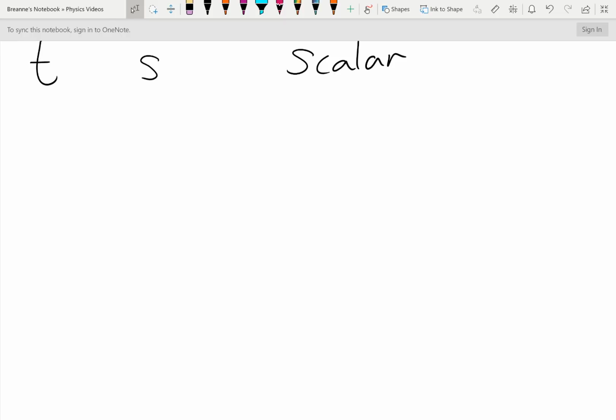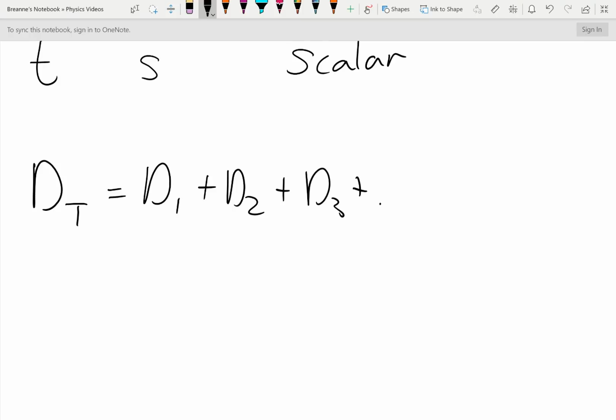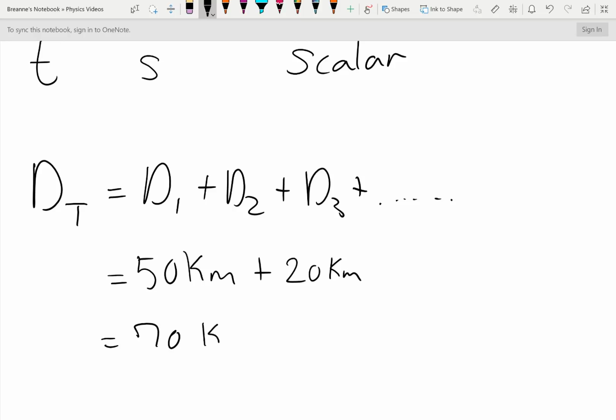So since distance is a scalar, direction does not matter. For total distance, you just take d1 plus d2 plus d3, and you just keep going. So for our total distance, we have 50 kilometers plus 20 kilometers, so we would get 70 kilometers.